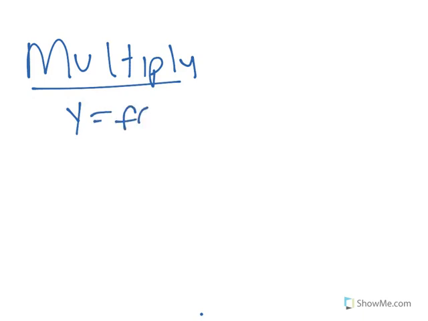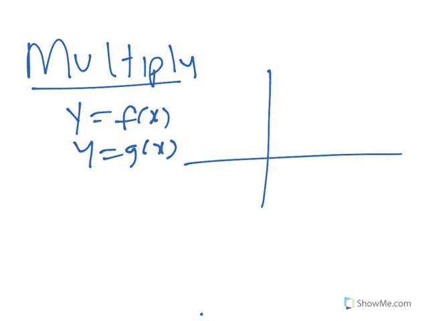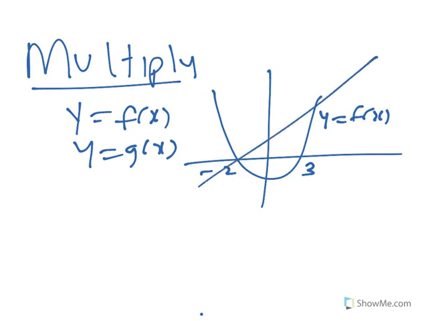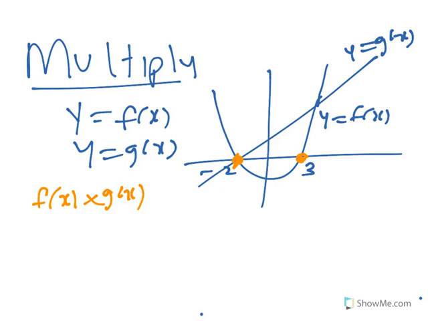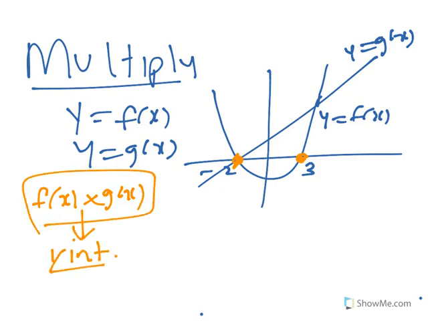So if you have y equals f of x and you have y equals g of x, and they're drawn on the same diagram, so that's minus 2, 3, that's f of x, and let's just say g of x looks like that. So that's y equals g of x. Then basically what will happen here is, when you're multiplying, if you look at where all the x-intercepts are, if you do f of x times g of x, then wherever they are 0, the product will be 0 as well.